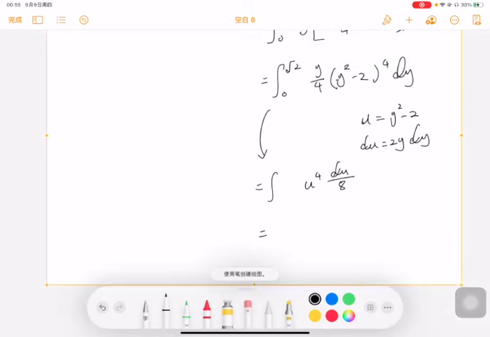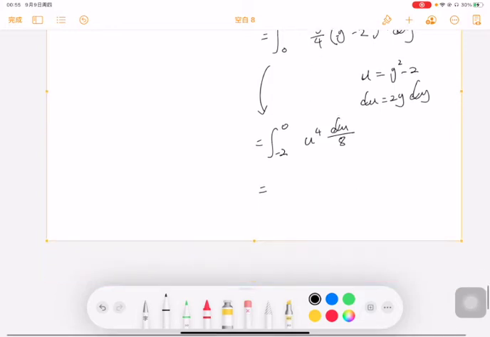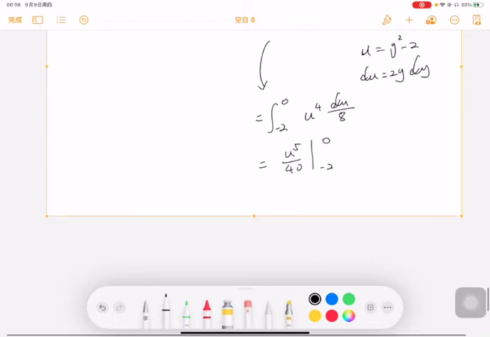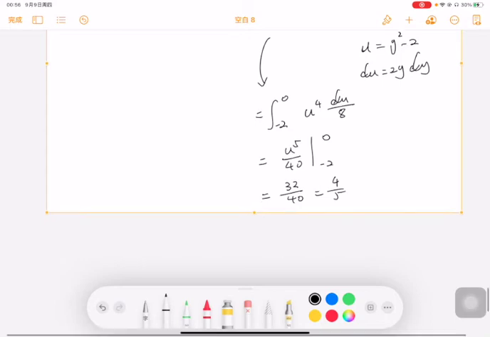Now we need to change the limits of integration appropriately. U equals y squared minus 2, so this becomes minus 2, and this becomes square root of 2 squared minus 2, that becomes 0. Okay, so that's u to the 5th over 40, evaluated from minus 2 to 0. And you get the same answer, 32 over 40, which is 4 over 5.